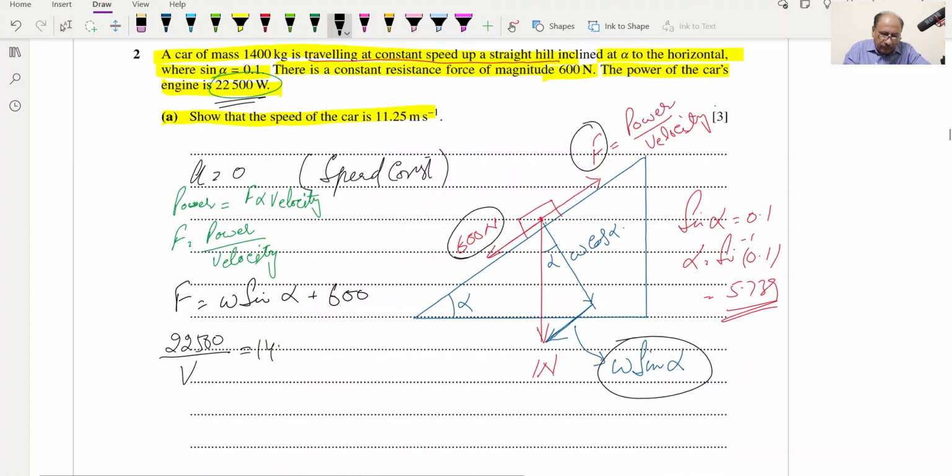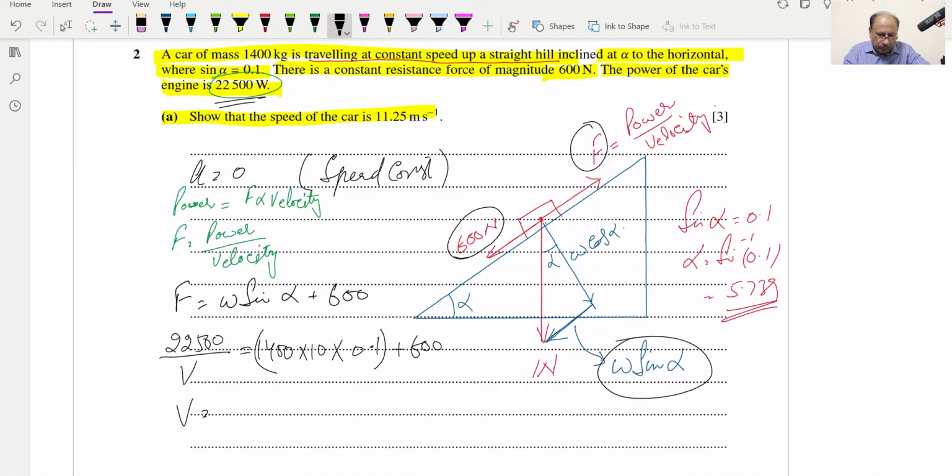So 1,400 multiplied by 10, further multiplied by 0.1, which is the sine alpha value. So W sine alpha means mass 1,400, g value 10, and 0.1 sine alpha value, plus this 600.